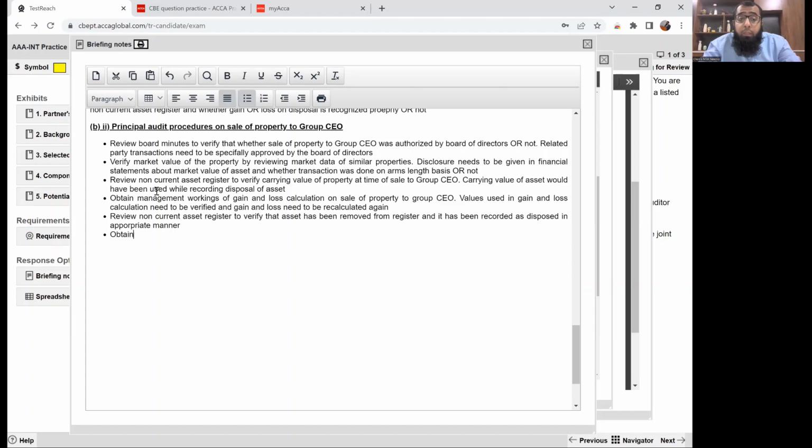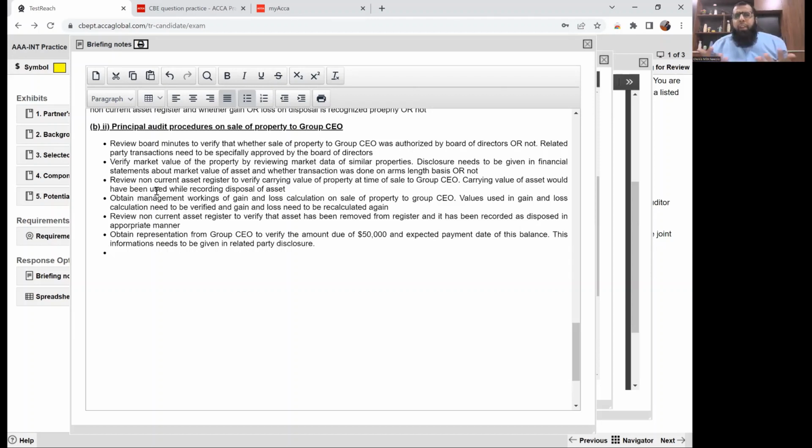Obtain a representation from the group CEO to verify the amount due of $50,000 and the expected payment date of this balance. This information needs to be given in the related party disclosure. Then think further. You need to look at the subsequent events if the balance is cleared in the subsequent period.